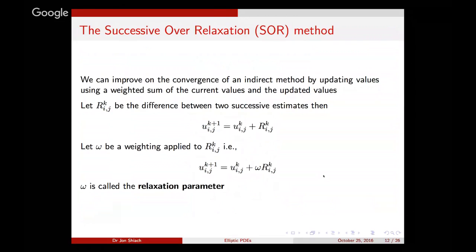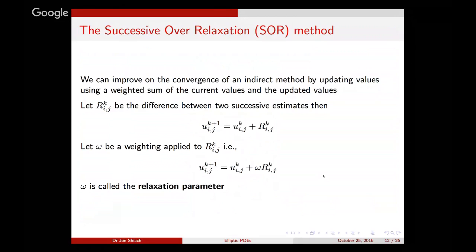Now, if I apply a weighting to R, and I'm going to say let omega, the lower case Greek character omega, be a weighting, I just multiply our difference by omega. If omega is less than 1, I'm reducing the difference.